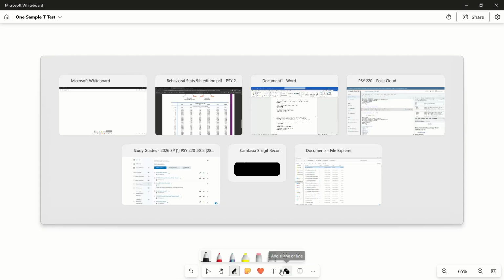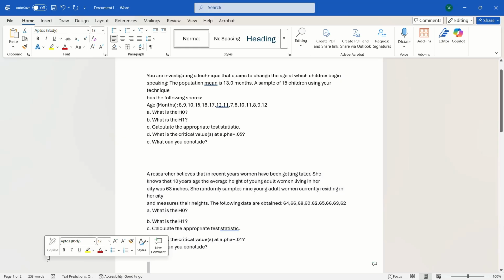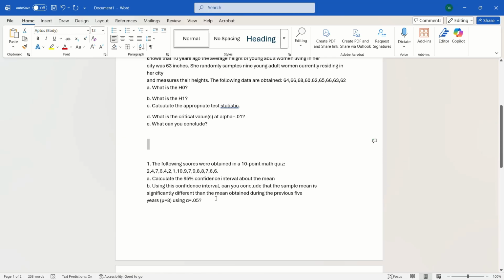So for the next problem, if you go to worksheets under confidence interval for t, you'll see the next problem that we're going to do. We are looking at a 10-point math quiz.